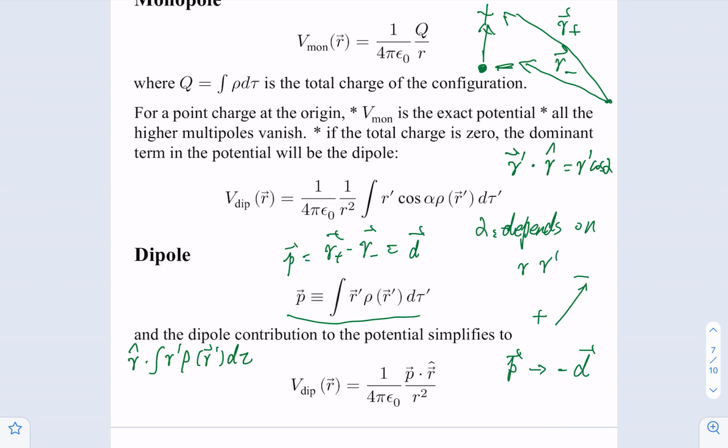Now the analogy for this point dipole, for the point charge, here becomes a point dipole.